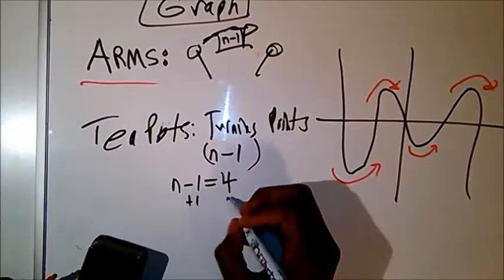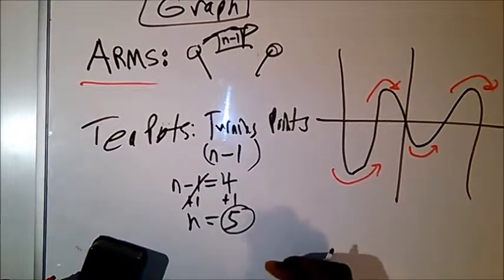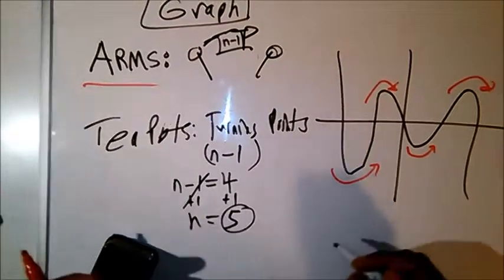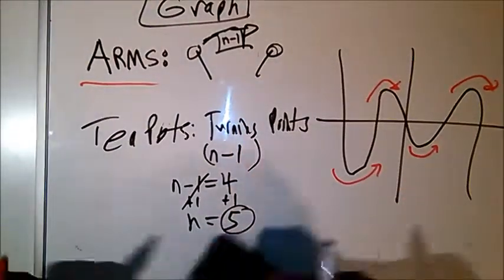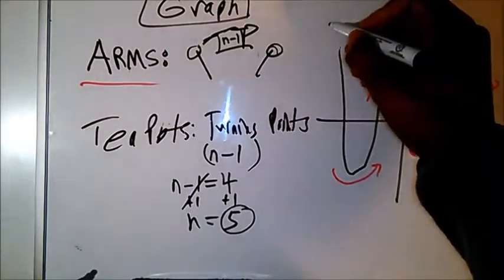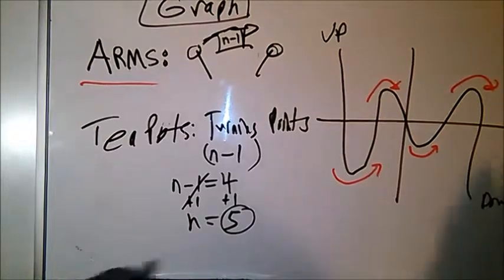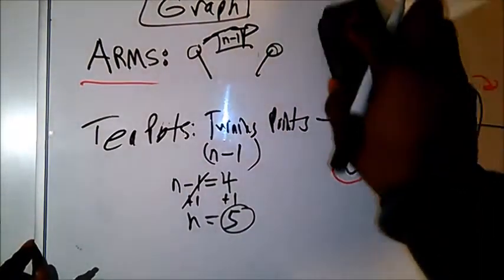Let's prove it. N equals 5. See? So the highest power will be 5. And this function should be odd. And since it's facing this way, it will be a negative function, right? Because we have up left, down right. That will be an odd function. Negative function that's odd.